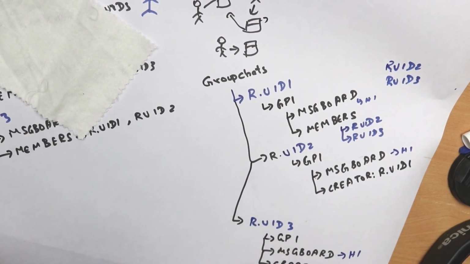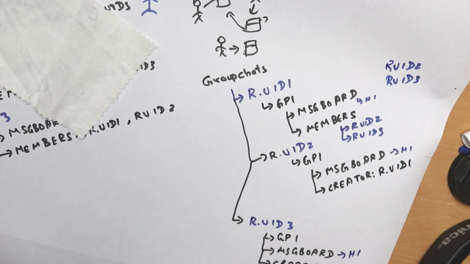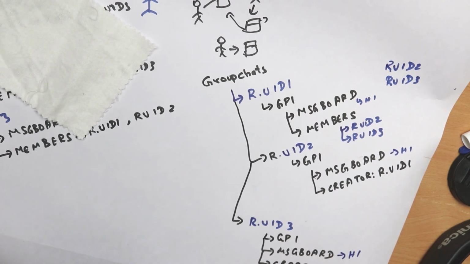Sorry if this overhead thing didn't work out, kindly let me know. I think I zoomed out a bit, so I'll fix that in post somehow. So this is how group chat works. Please post a comment if you didn't understand this, and I'll try to explain it much better.